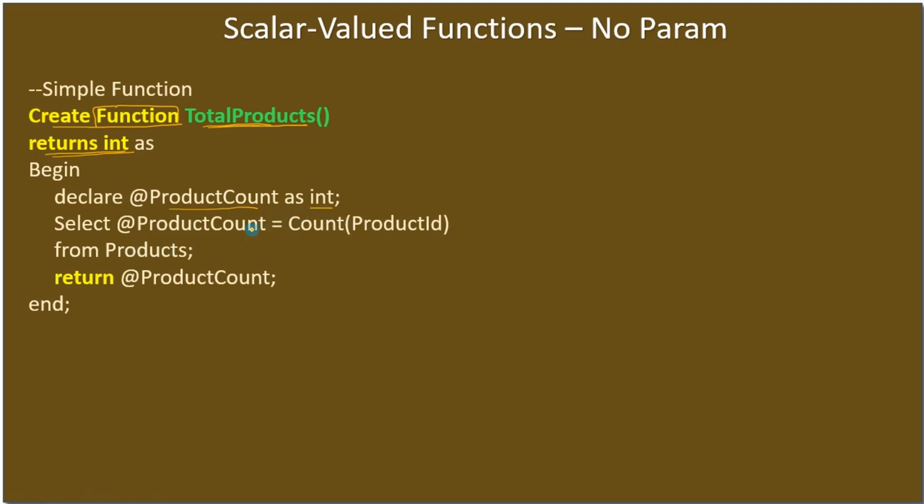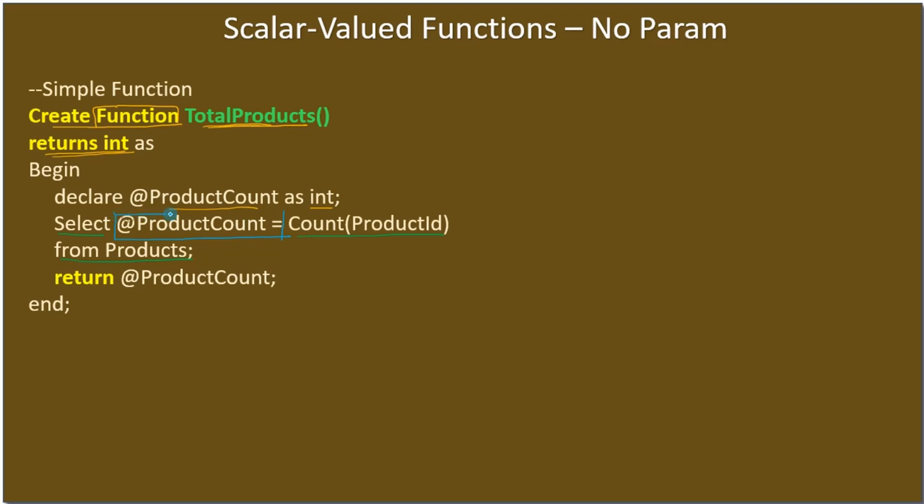So here we write the select statement: select count of product ID from products. That means this will return total products, and the total products is assigned to this local variable product count.